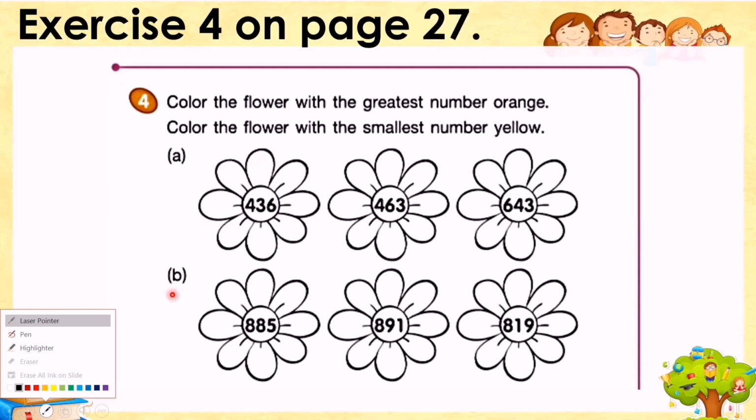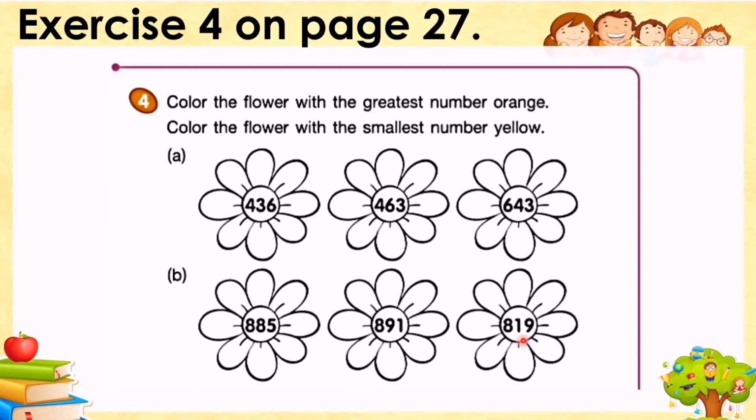Okay, letter B. We have 885, 891, and 819. Which is the greatest number here? The greatest number is 891. So you will color this one orange. And we have 819.